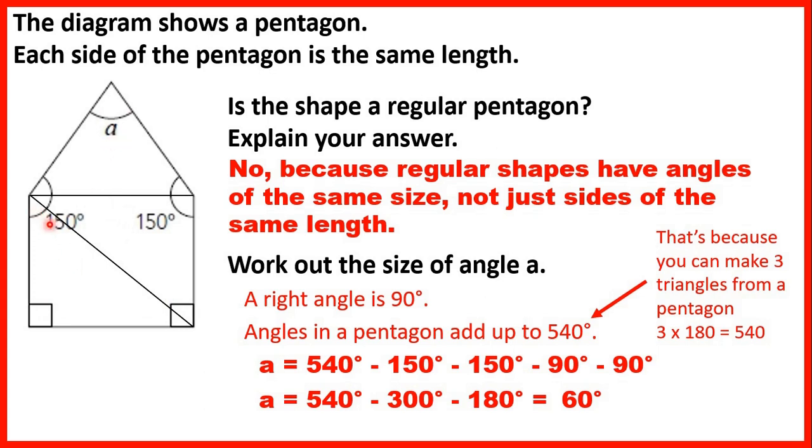We know that each of the triangles will have angles which add up to 180. So if we've got three triangles, we'll have 3 times 180, so 540 degrees as the total of our angles in a pentagon. And every pentagon can be split into three triangles. So that's why angles in a pentagon add up to 540 degrees.